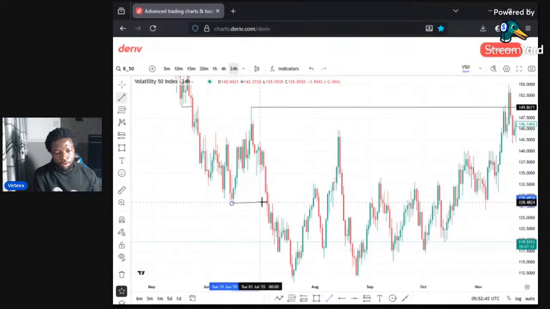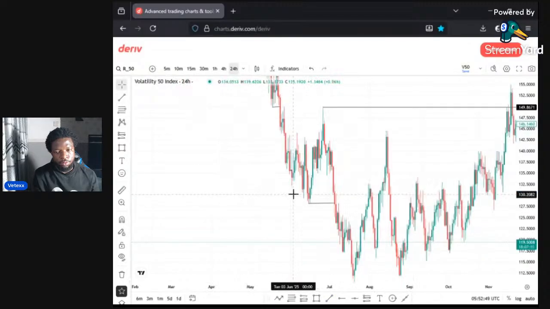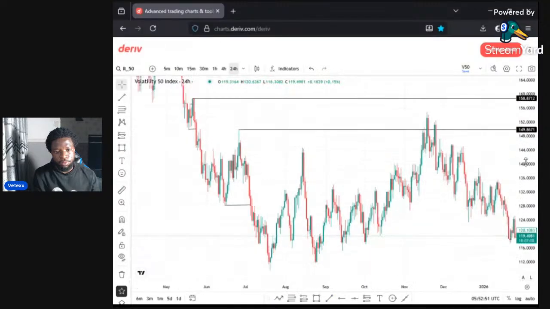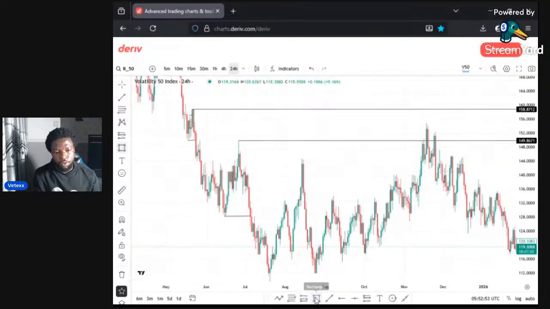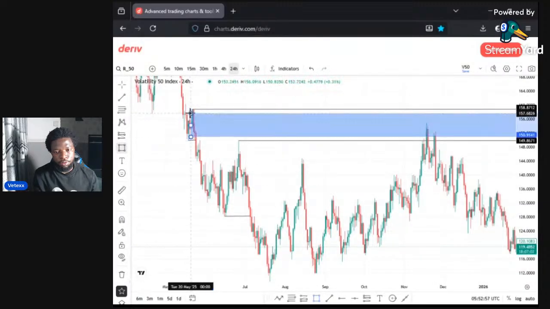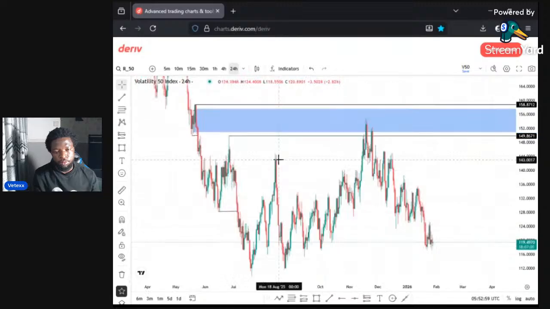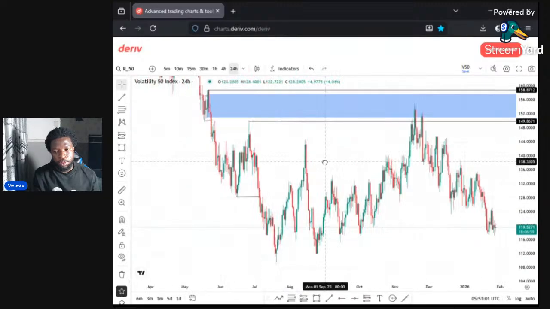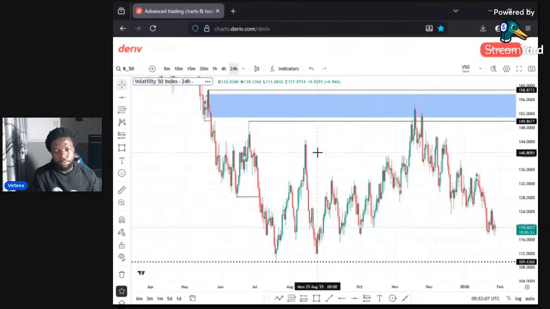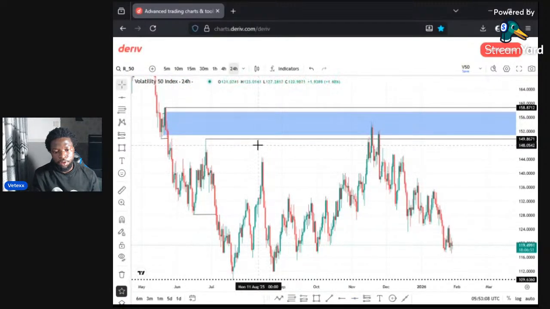This is our second break of structure. Now the whole of this zone becomes our point of interest. So this is the starting point, and this point here is the finish point.